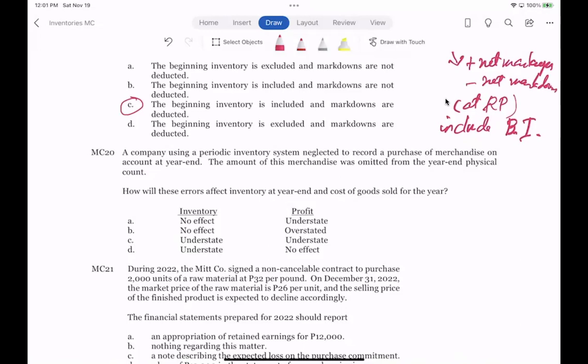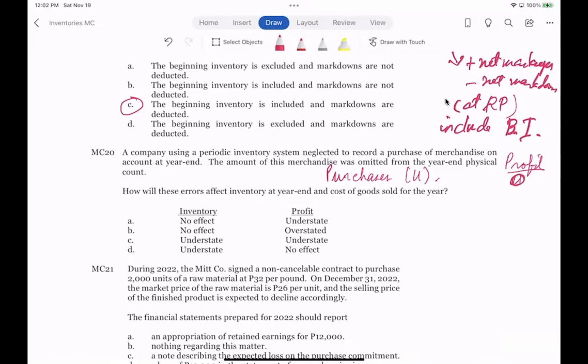A company using a periodic inventory system neglected to record the purchase of merchandise on account at year end. So purchases are understated. So what happens to profit? Because purchases is an expense, if expense is understated, profit will be overstated.